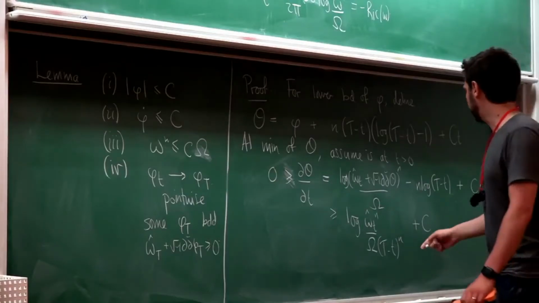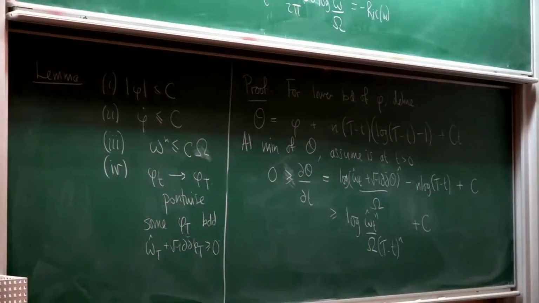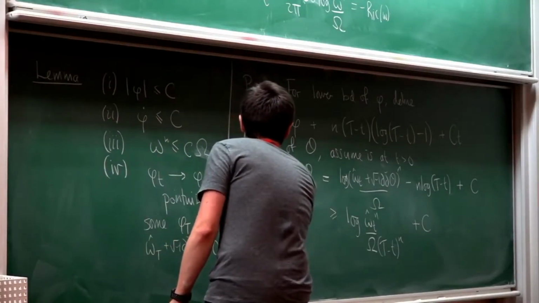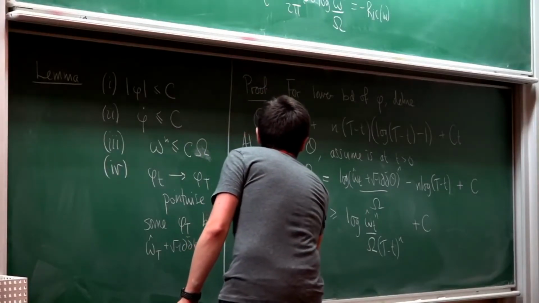Now you're going to see why I put this t minus t in. Because what you see is that omega hat t is non-negative, so it's bigger than t minus t over t times omega naught.